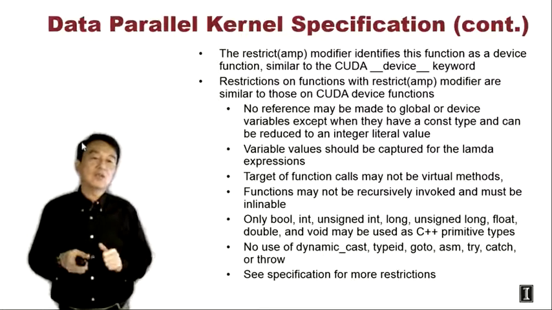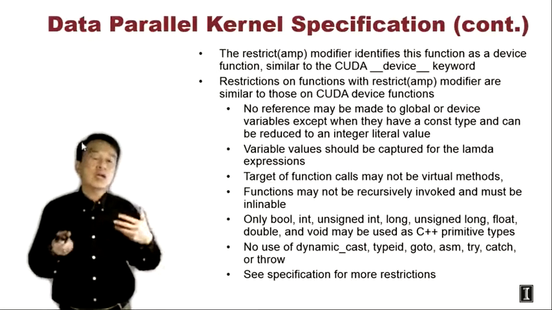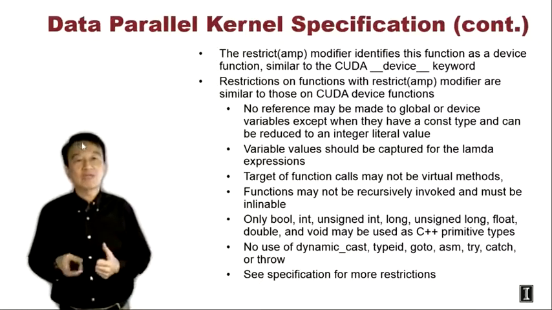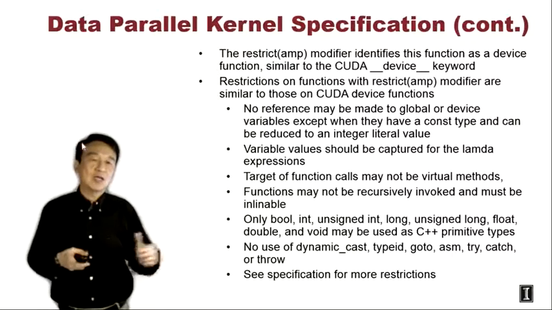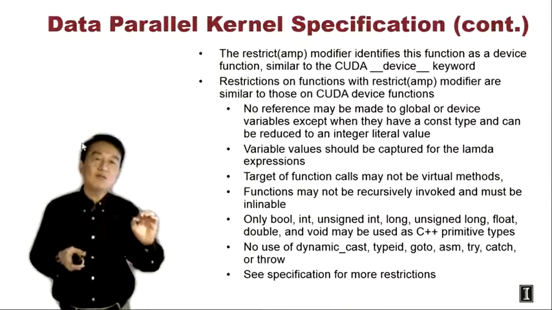And no use of dynamic_cast, typeid, goto, inline assembly code, try, catch, or throw in these functions. There are actually more and more detailed restrictions that are probably not going to apply when you write entry-level basic C++ AMP code.